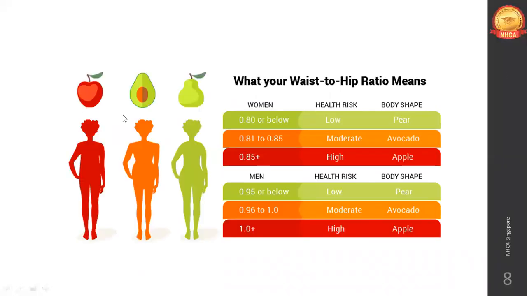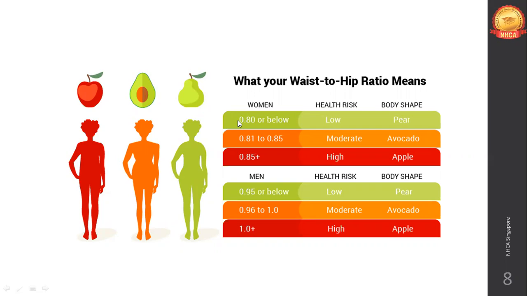Next assessment is your waist to hip ratio. You just have to take a measuring tape, measure your waist and measure your hip. Waist has to be your numerator. The hip measurement should be your denominator.